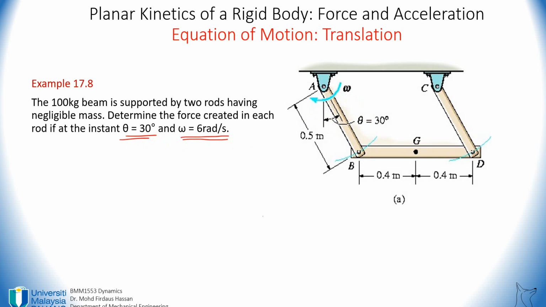Okay, so class, try to imagine that you have a rod here, and then this is G, and then this swings to the left.